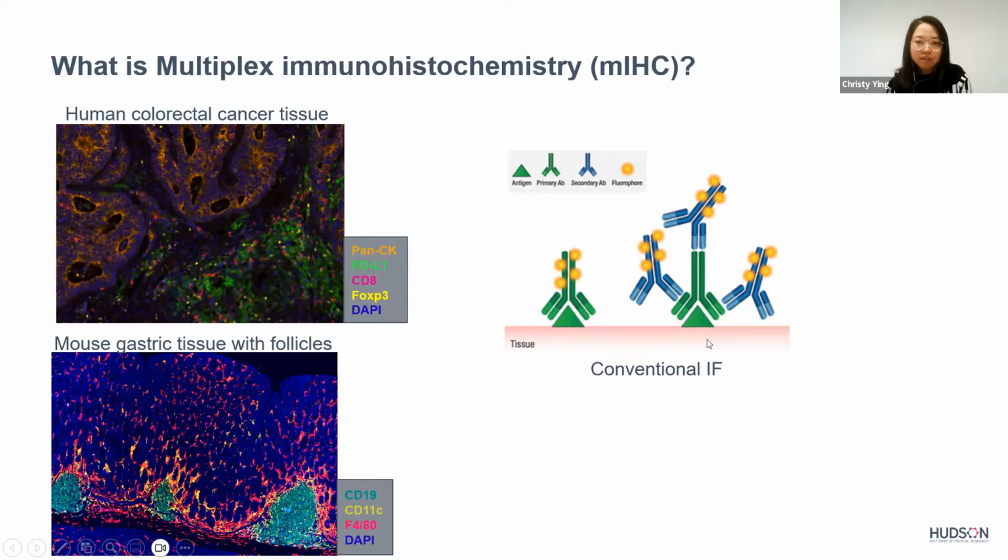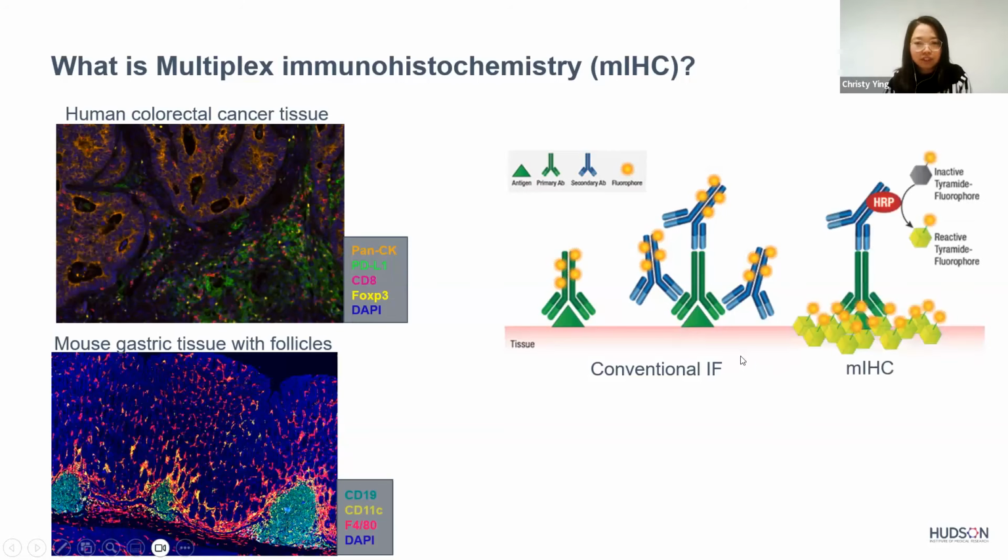The most common method we now use is indirect immunofluorescence staining, where we apply the unlabeled primary antibody first, followed by the secondary antibody with the fluorophore. By using this indirect method, we get the signal amplified. You can see the fluorophore in yellow, and there is more signal here compared to direct immunofluorescence.